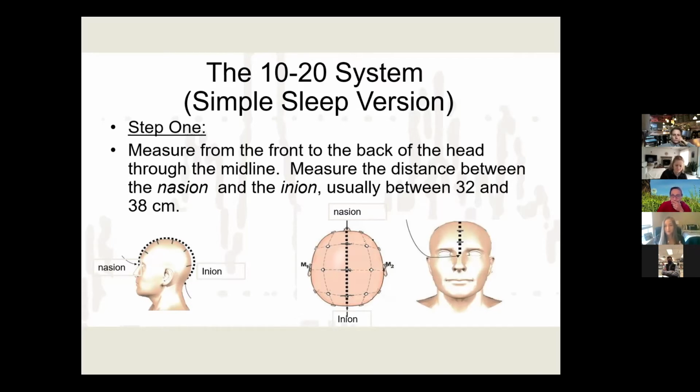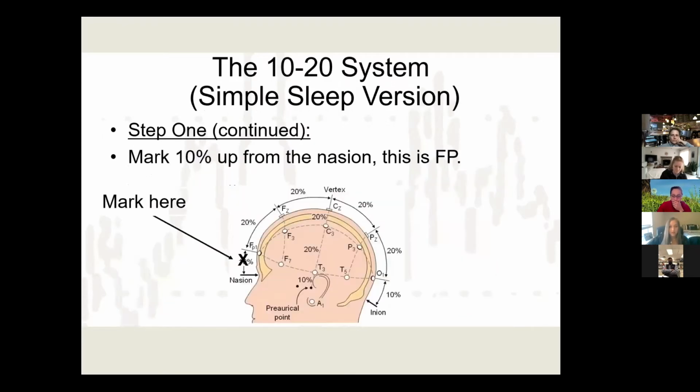What is 20% of this full length? You would leave the tape measure there, and then you would mark 10% up from the nasion, and this would be FP. So that's your mark right on the middle of your forehead. And you always mark perpendicular to the tape measure.